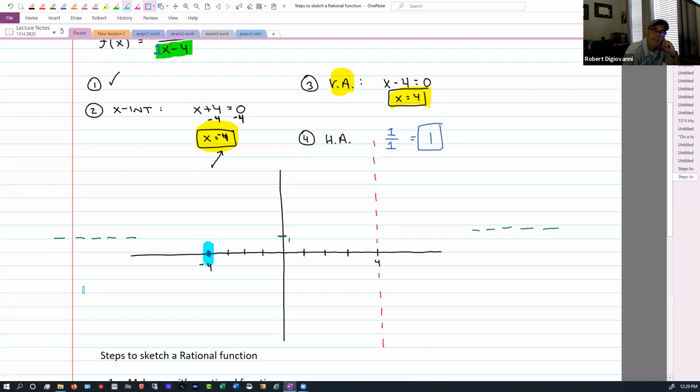Okay? Can somebody tell me if I were to go from that point to the left, what I would have to do? What do I have out there to the left of that point?